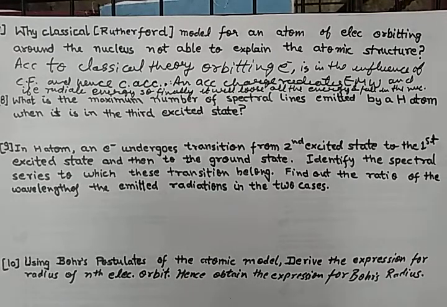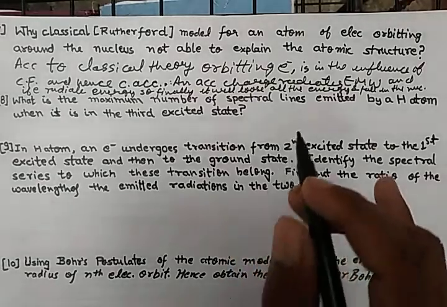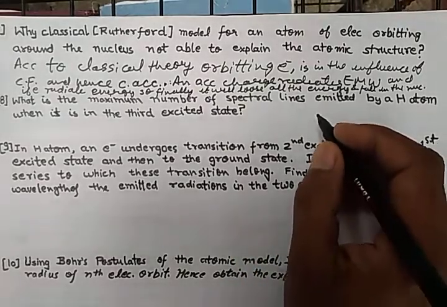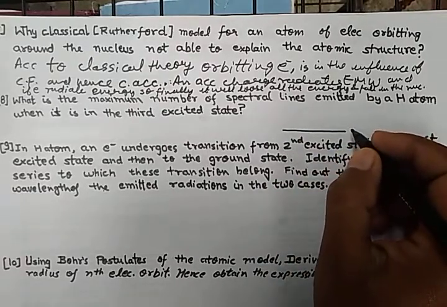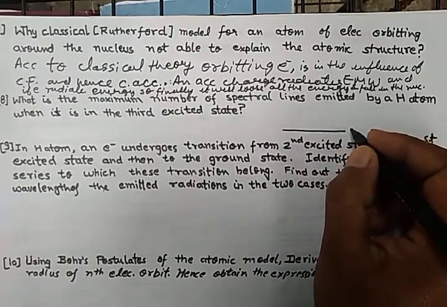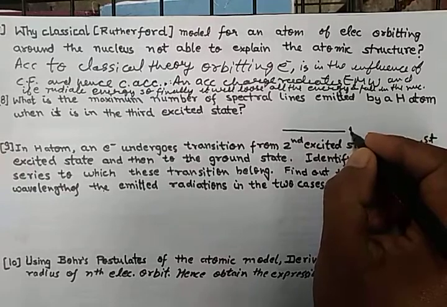Next, what is the maximum number of spectral lines emitted by a hydrogen atom when it is in the third excited state? So there is no formula for that. It is just mathematics, our understanding will do the trick here.